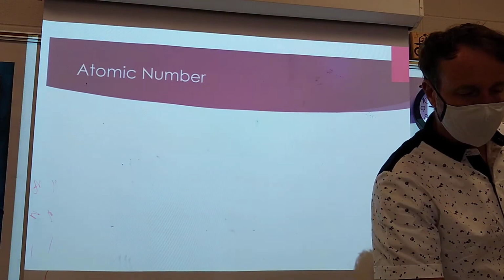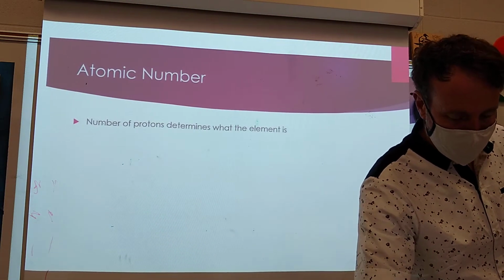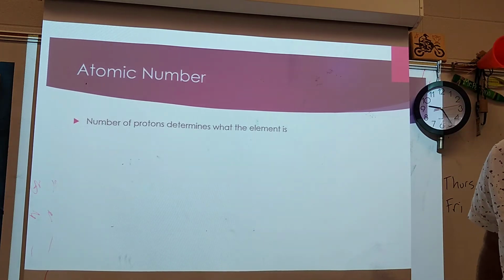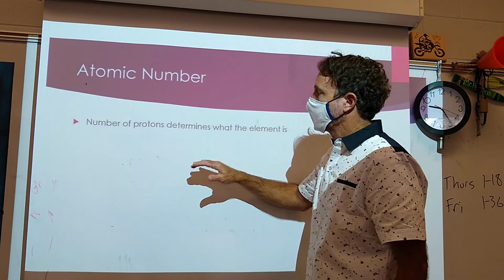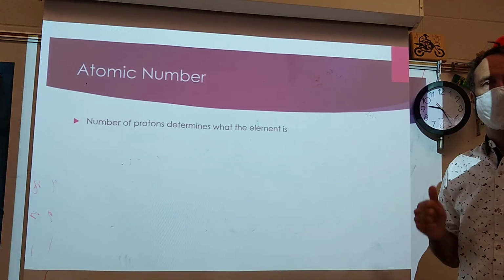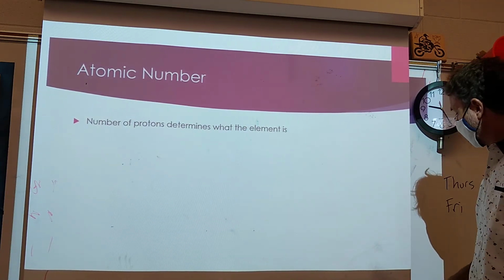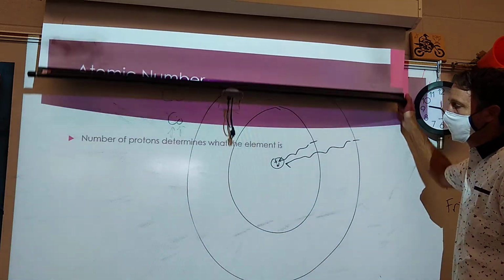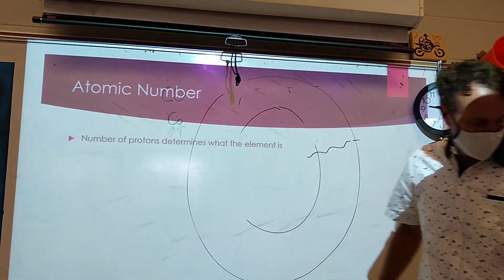There are different versions of the same atom, okay? Now the atomic number is the number of protons, okay? That's the most important number. And I'm going to break this down for you on a little card, all right?